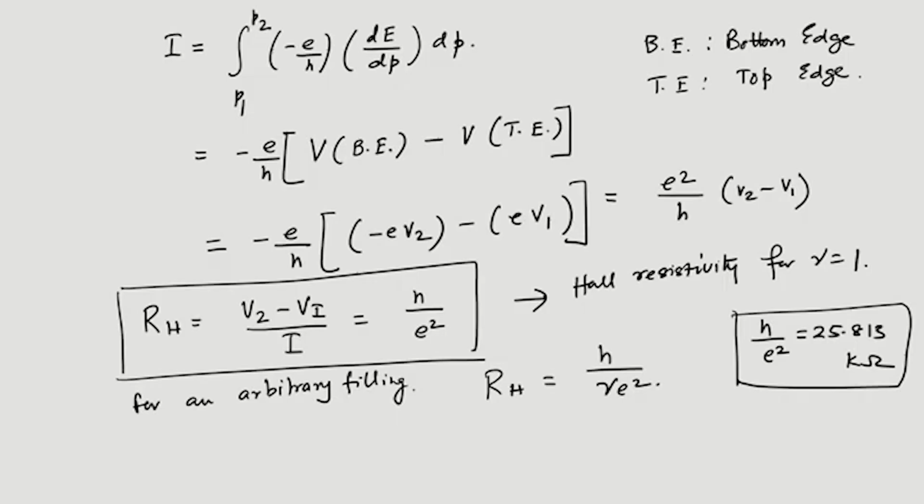The scale is set by purely quantum mechanical quantities such as h and e, and such a coarse grain experiment, a two-dimensional electron gas placed in a transverse magnetic field, is able to give you the scale of the resistivity, and that's a big achievement.